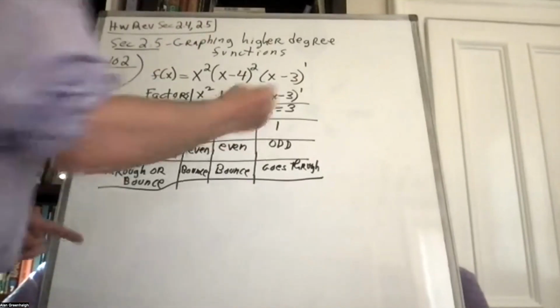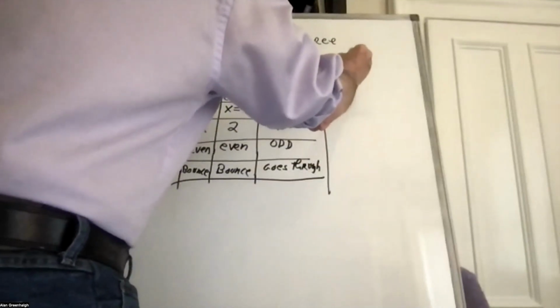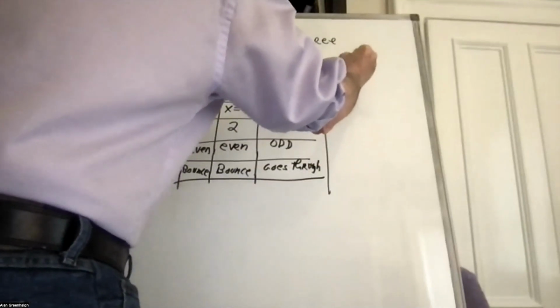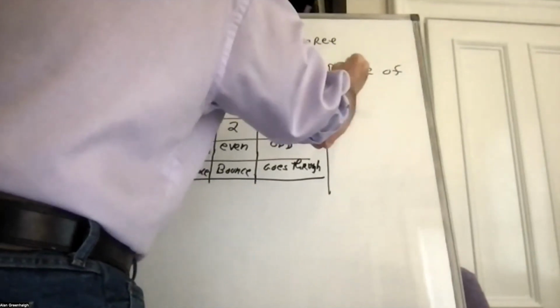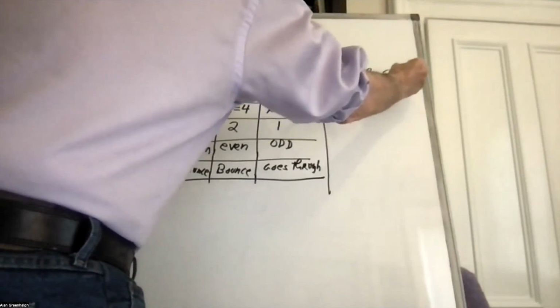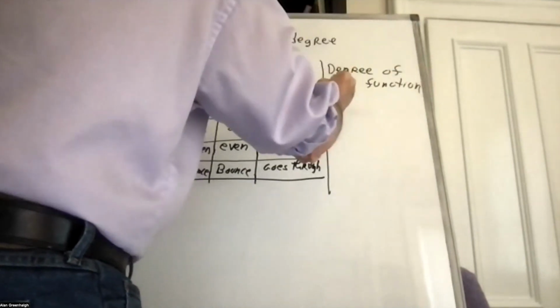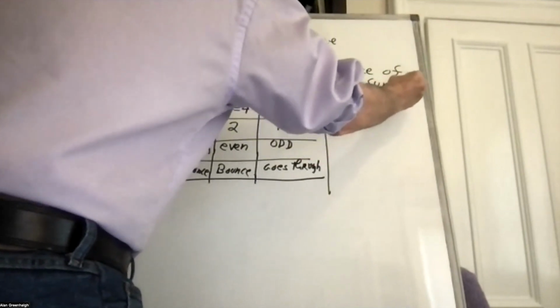But first, we need to know what the degree of the function is. The degree of the function is the sum of the multiplicities.